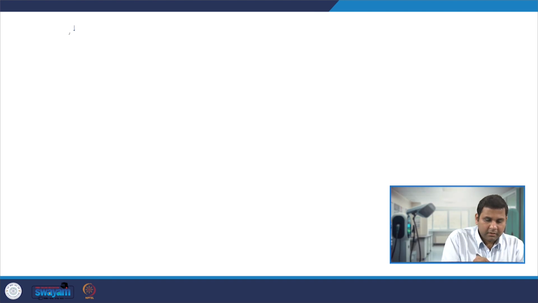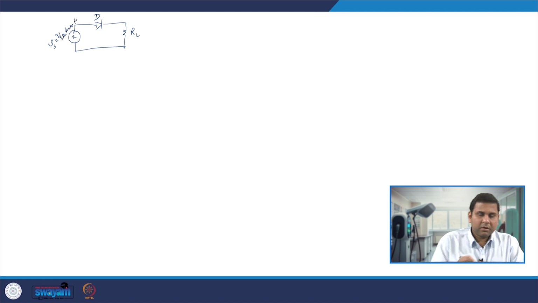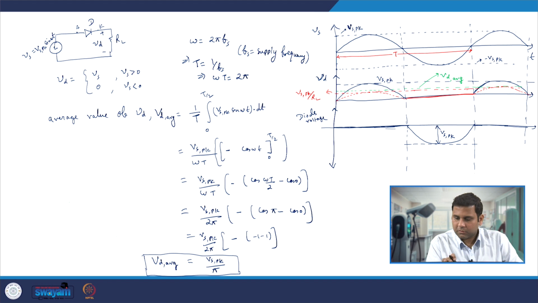Now let us see what will be my current drawn from the source. If I draw the circuit again, then the current drawn from the source, let us say Is, is nothing but equal to Id, which we have drawn.